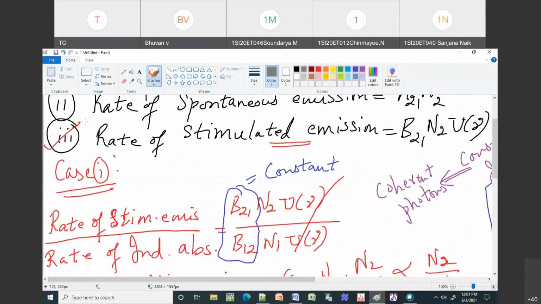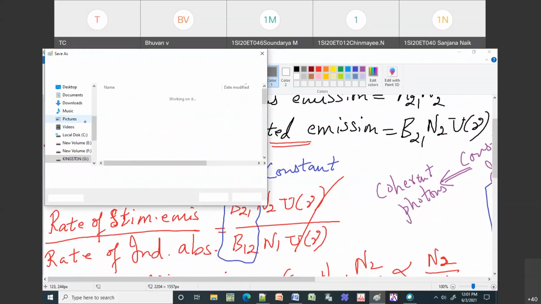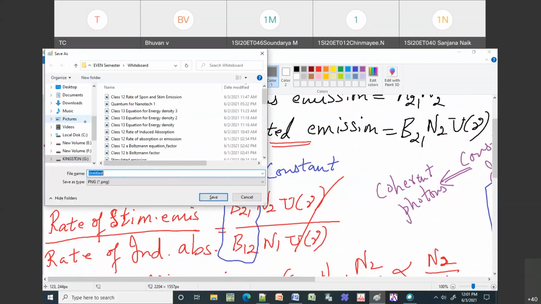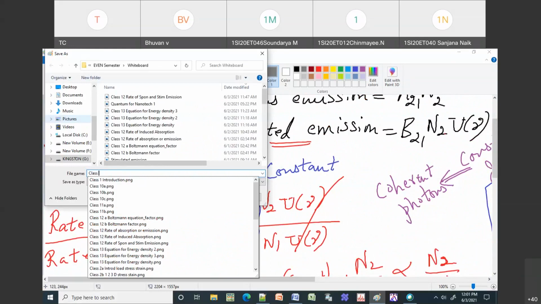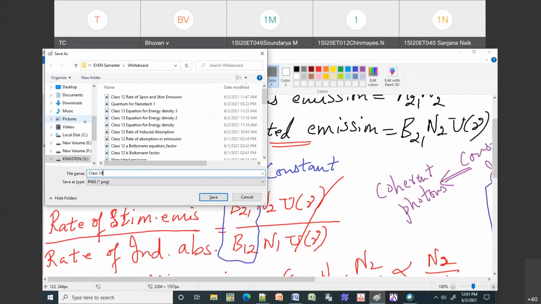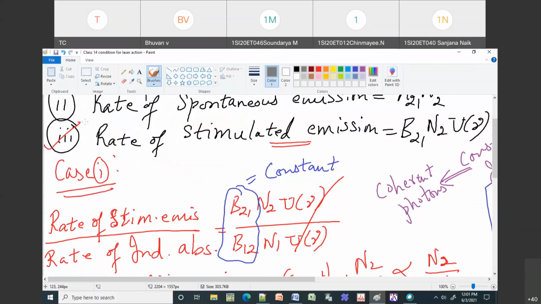Do you have any doubt? You can ask me. So this is your condition for laser action, the first condition.